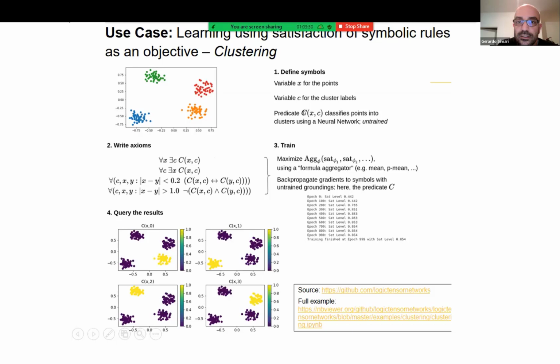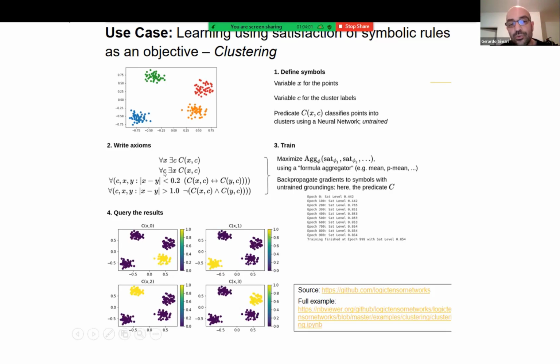And the predicate, capital C, classifies points into clusters using, in this case, a neural network, and some axioms that you want to hold, because what you're trying to do is clustering. Here it says that for every point there exists a class that will have a cluster assigning that class to it. So basically, you have to cover all the points with your clustering.